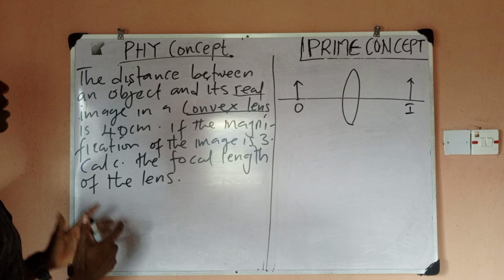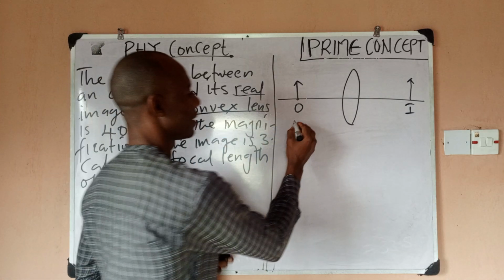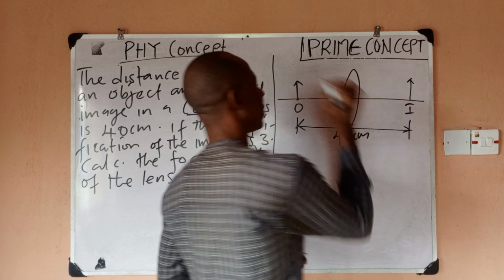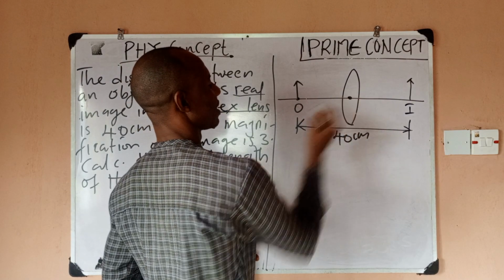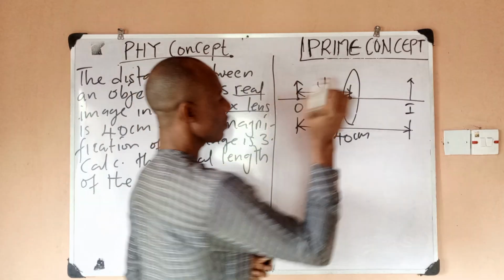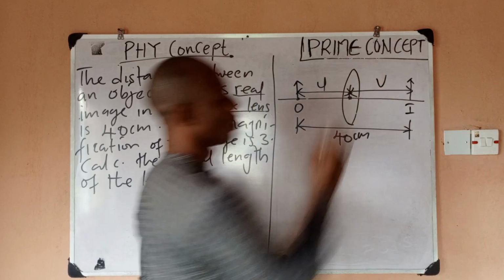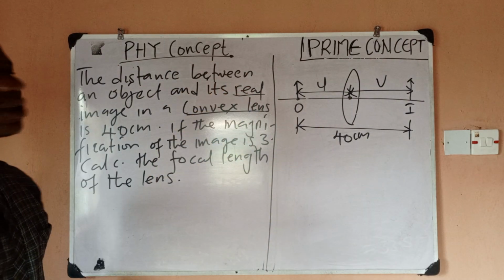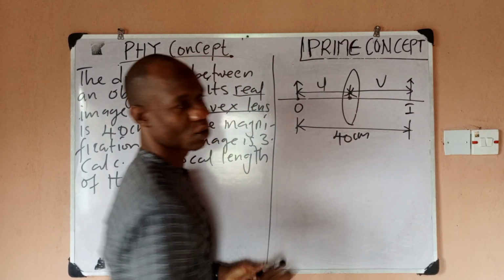So the distance between an object and its real image in a convex lens is 40. So meaning that the distance from this point to this point is 40 centimeters. And we know that the distance from an object to the center of a lens is what you call U. Also, the distance from the center of a lens to the image is what you call V. So if we consider this, it simply means we can generate an equation from this, seeing that this, which is U, plus this, which is V, should give us 40.